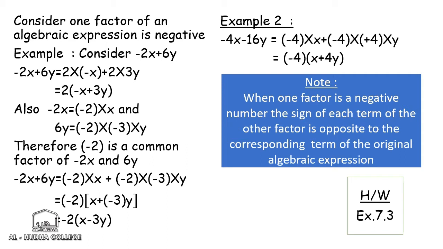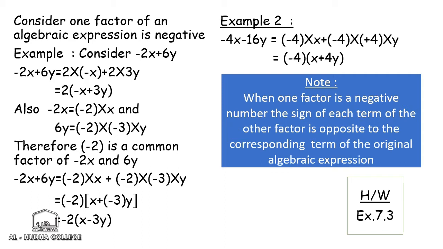So both the terms have minus 2. If you take minus 2 as a common factor, the remaining in the first term is x, plus as it is, and in the second term you get minus 3y, because minus 2 is taken out.